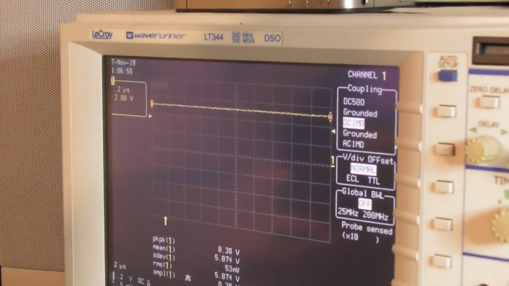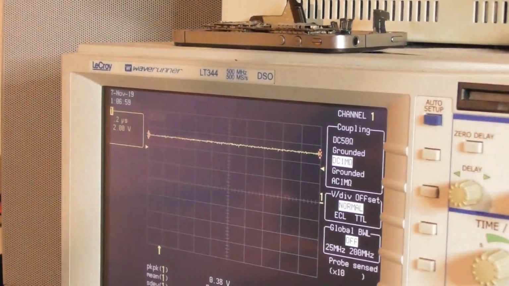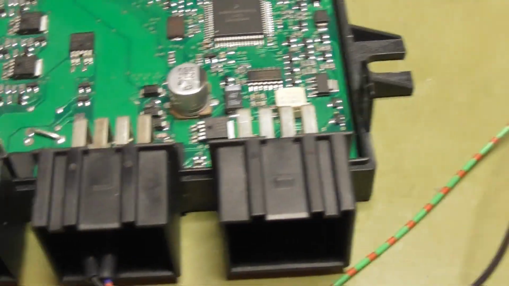Try again. Out of range, moment. Five volts there, constant, no problem. So, what's the reason for these glitches?